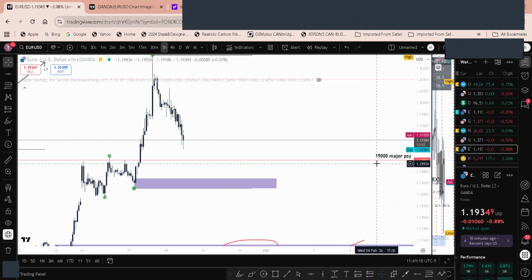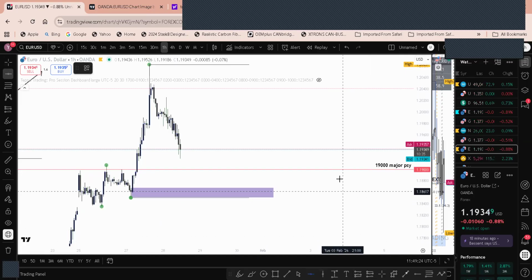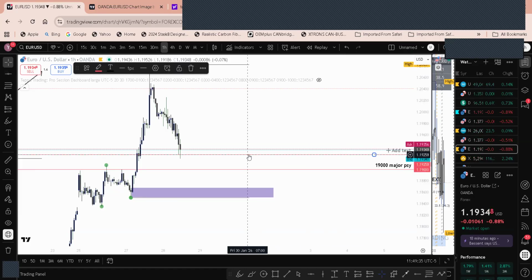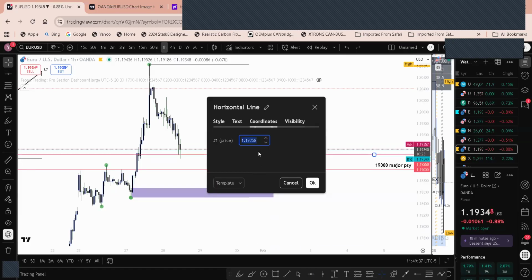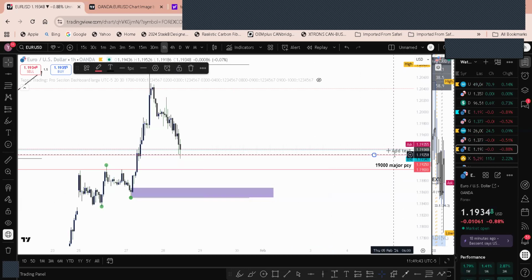000, that's called a major key level for support and resistance. Then you've got the 250s. So if you go 1950, somewhere here, coordinates at a zero, that's called a minor key level.